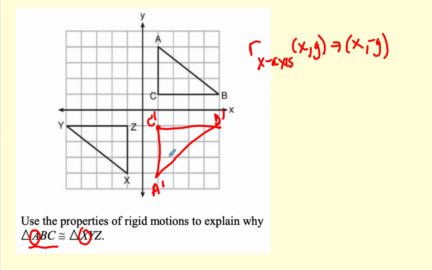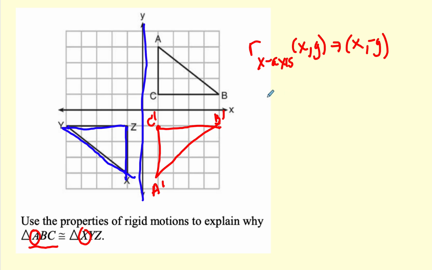Okay, now we want to map this A prime onto X, and it looks like I can do it by reflecting across the y-axis. So C will map over to here, B will map over here, A will map over here, and now I have that red triangle mapping onto the triangle I want.